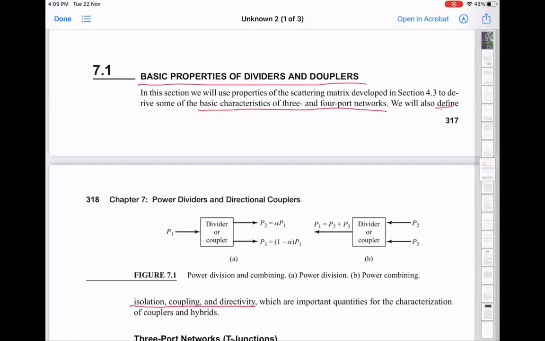But in general, we assume that we like all devices we are working with to be matched to 50 ohms on all the ports. So we will see that if you are restricted to use 3 ports or 4 ports, then how the general properties of the S matrix and the constraints you have about reciprocity in a passive network, or if you want things to be lossless, that you actually run into some constraints on what can and cannot be achieved using such networks.